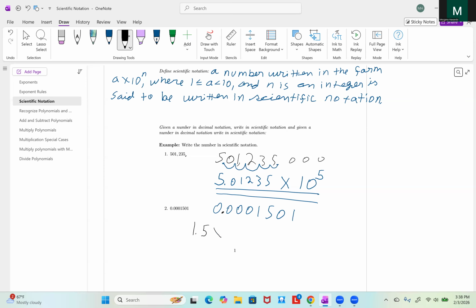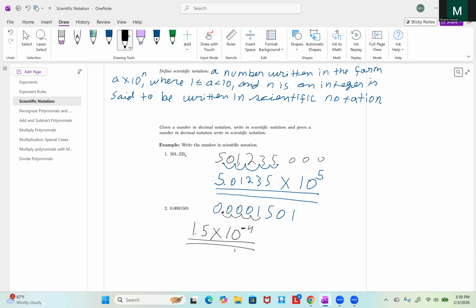So we move the decimal to the right. We count the number of places we moved it, and it will be the exponent for the 10, but it's going to be negative because when you move to the right, the exponent will be negative. So 1, 2, 3, 4, so negative 4. 1.5 times 10 to the negative 4.